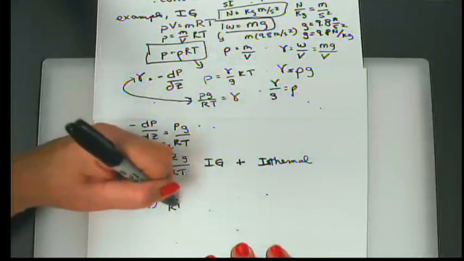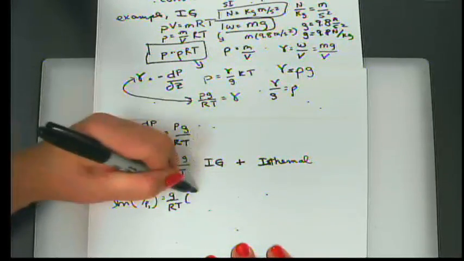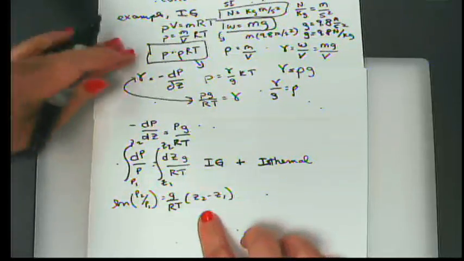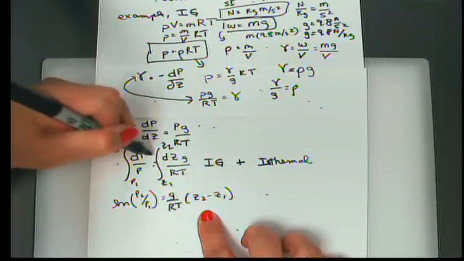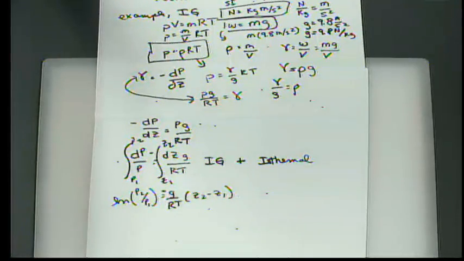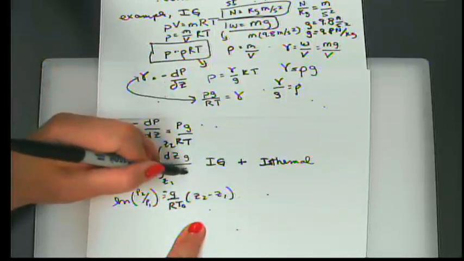That means that my T comes out as well, and I'm just left with z2 minus z1. And I've dropped a minus sign somewhere, so I'll just move it over here. All right, so in this equation we have to have a fixed temperature, so I'm just going to call it T sub 0.